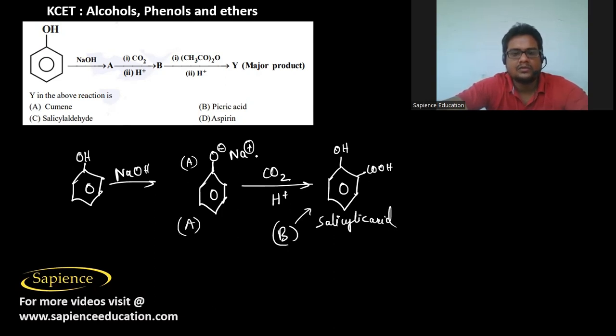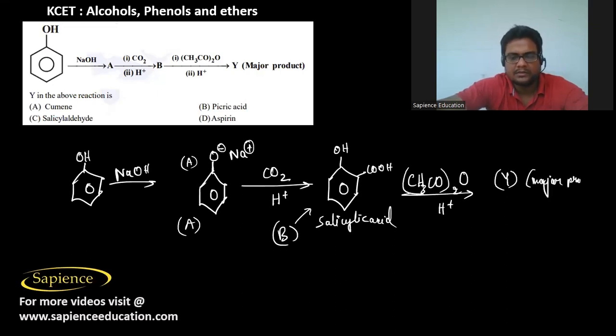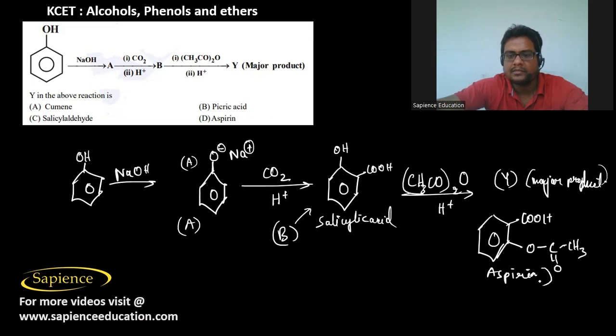So the compound A is the sodium salt of phenol, and then this compound B will react with acetic anhydride in the presence of H plus to form the major product Y. Now this major product Y will be 2-acetoxy benzoic acid, or aspirin, which is COOH and here we have OCOCH3.